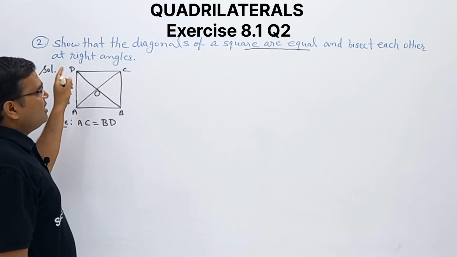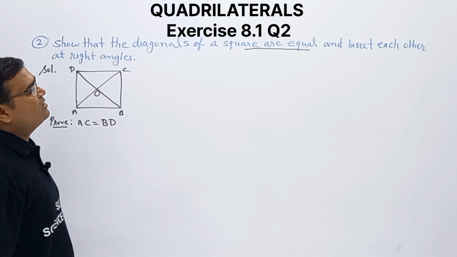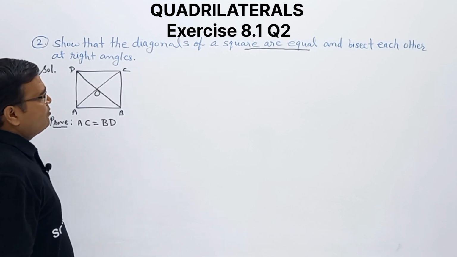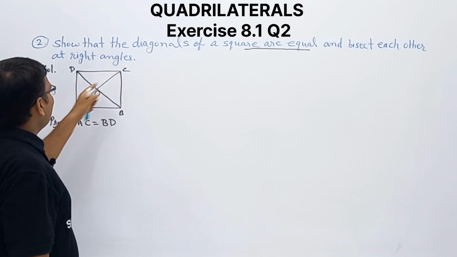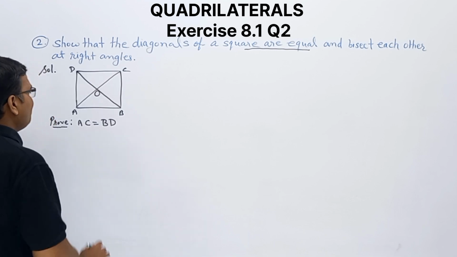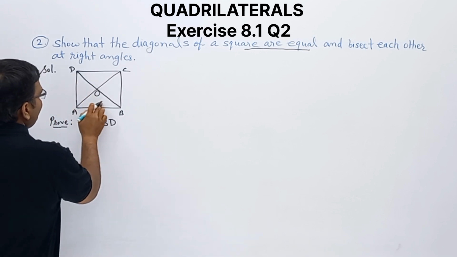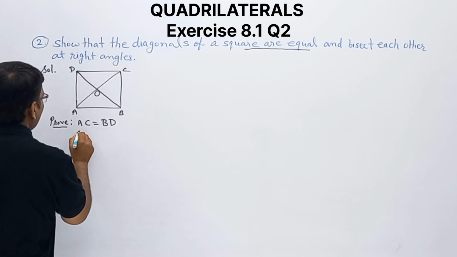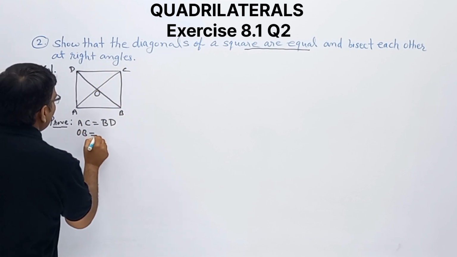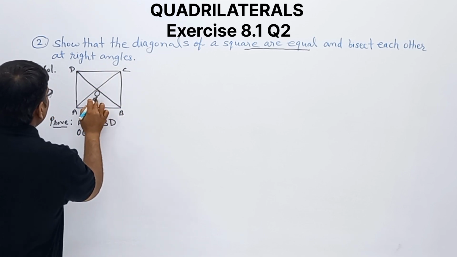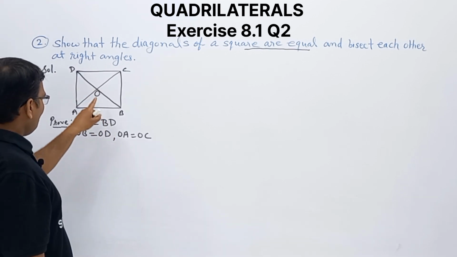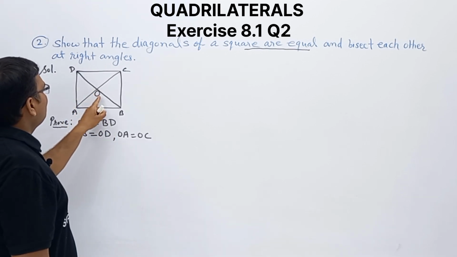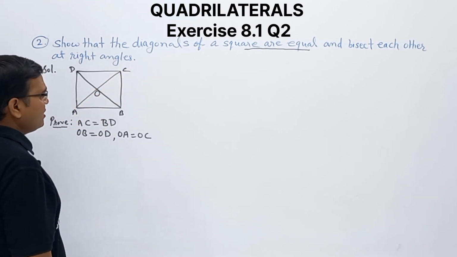These diagonals are equal and bisect each other at right angle. Bisecting means OB equal to OD, OA equal to OC. Clear?